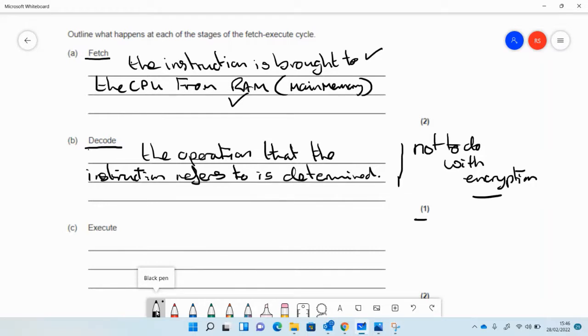So then finally, we've got this execute idea. So we need 2 marks for this execute. So we can say that the operation is carried out.